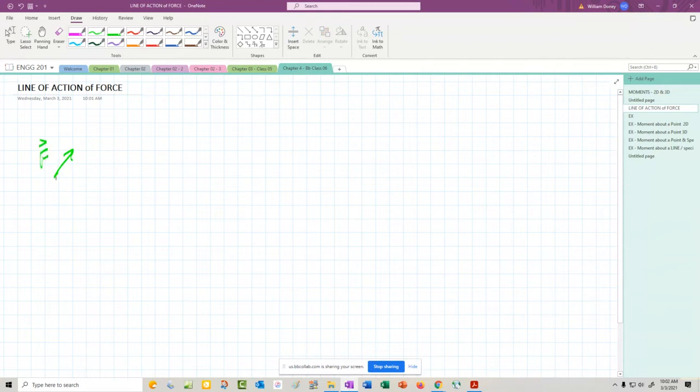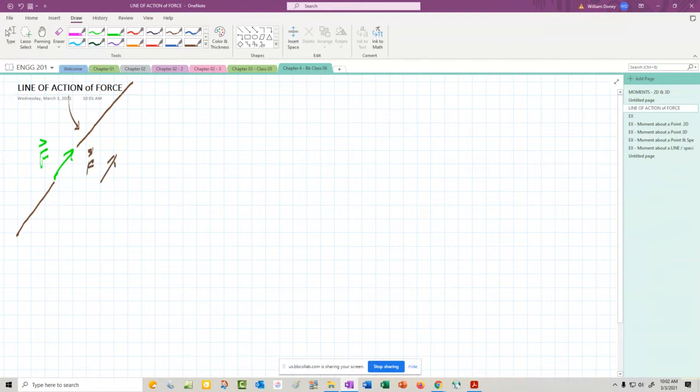If I have a force pulling like that, we'll give it a vector designation. We typically draw this sort of to scale if we can, if there's other forces and we need to draw to scale to help us, but we don't have to. But that force acts all along that 3D line, and that's the line of action of the force.